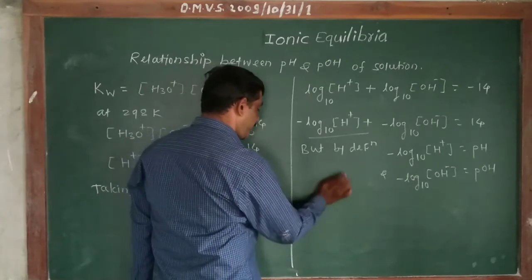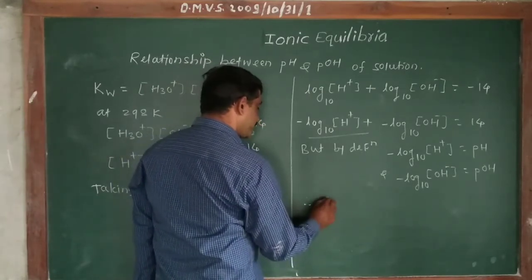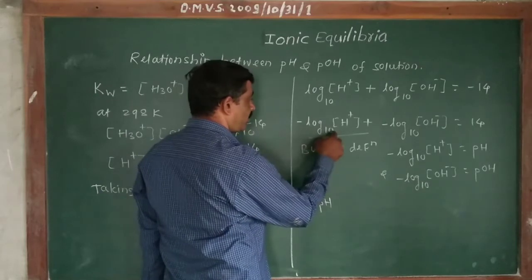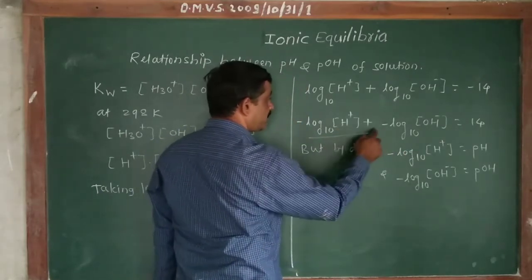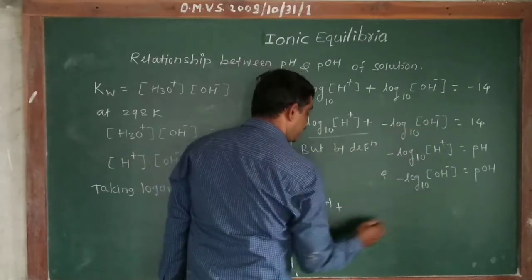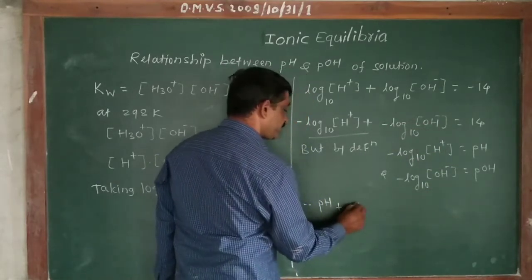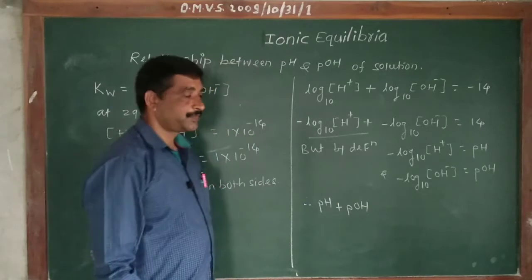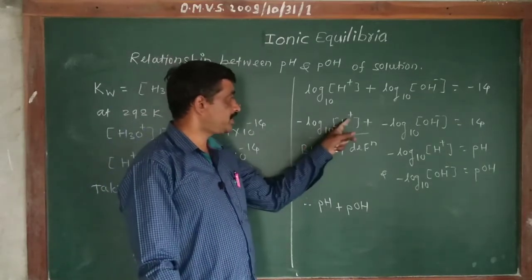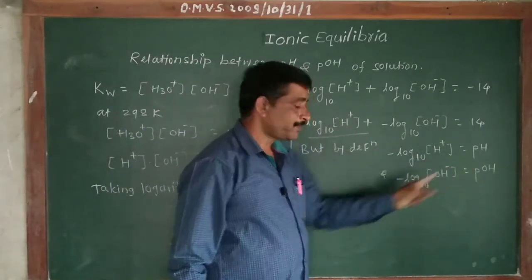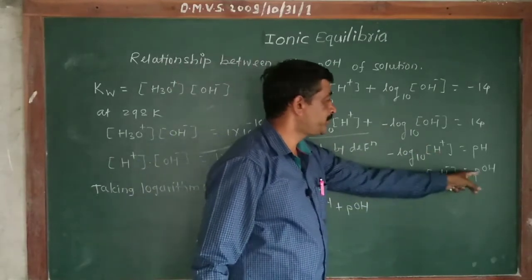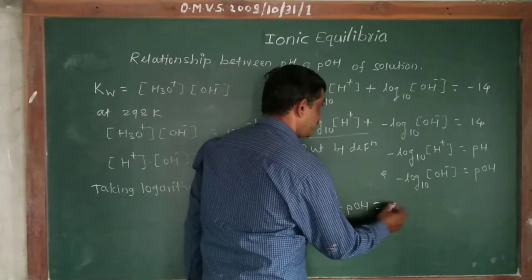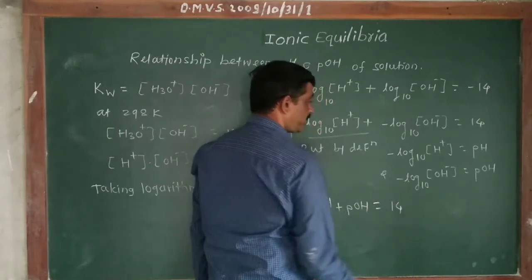So we write the final equation as: negative log of H plus ions is pH, plus negative logarithm of OH minus ions is pOH. So pH plus pOH is equal to 14.